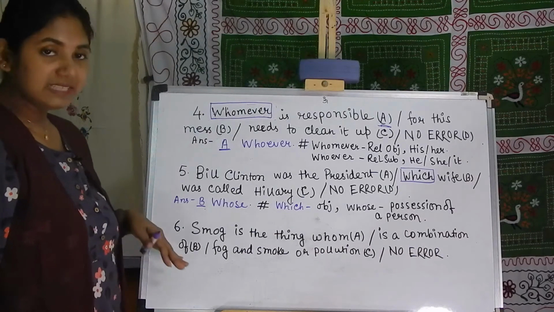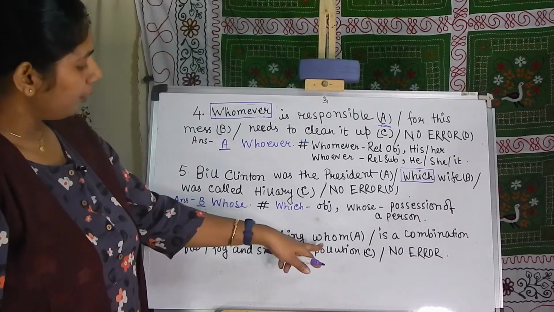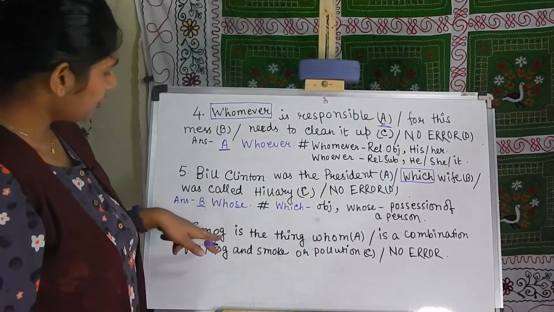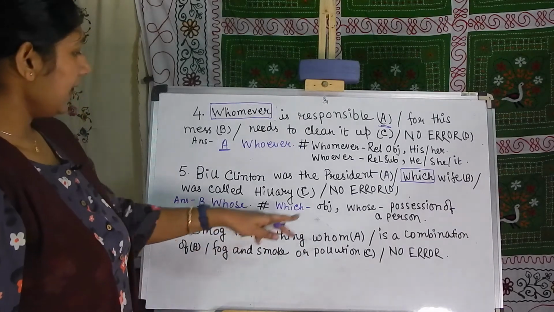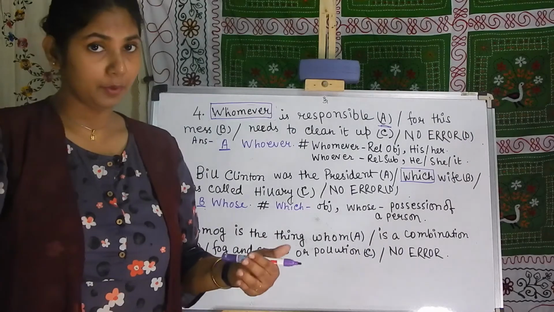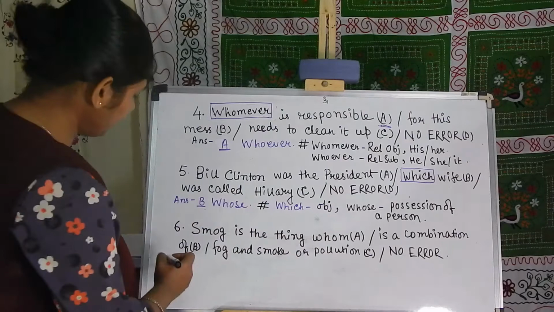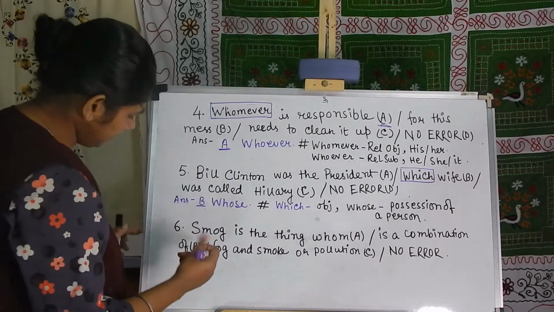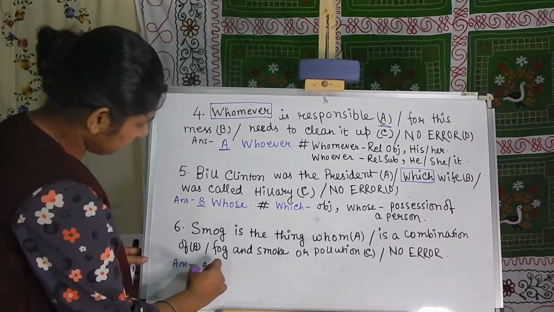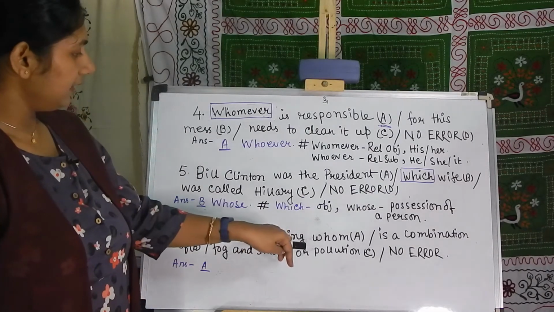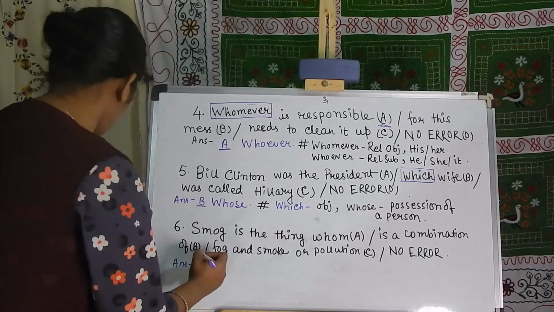Question number 6. Smog is the thing with whom is a combination of fog and smoke or pollution. A, B, C. Where do you think is the problem? Yes, smog is the thing, section number A. Smog is the thing which is a combination of fog and smoke.